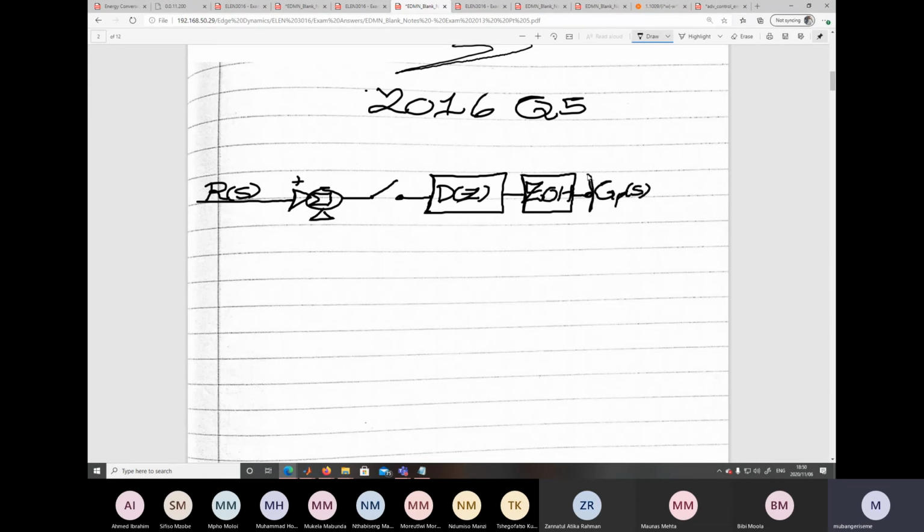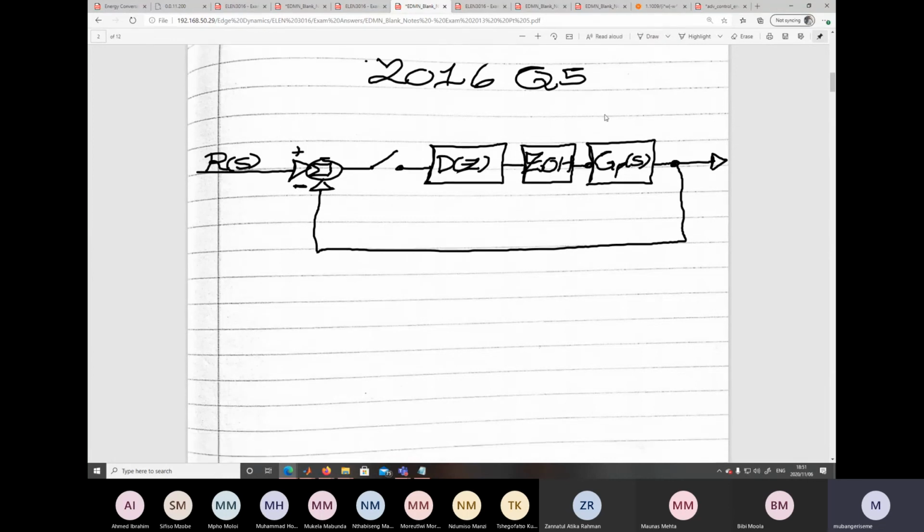The plant. That's minus, okay. Adjust that a little bit.